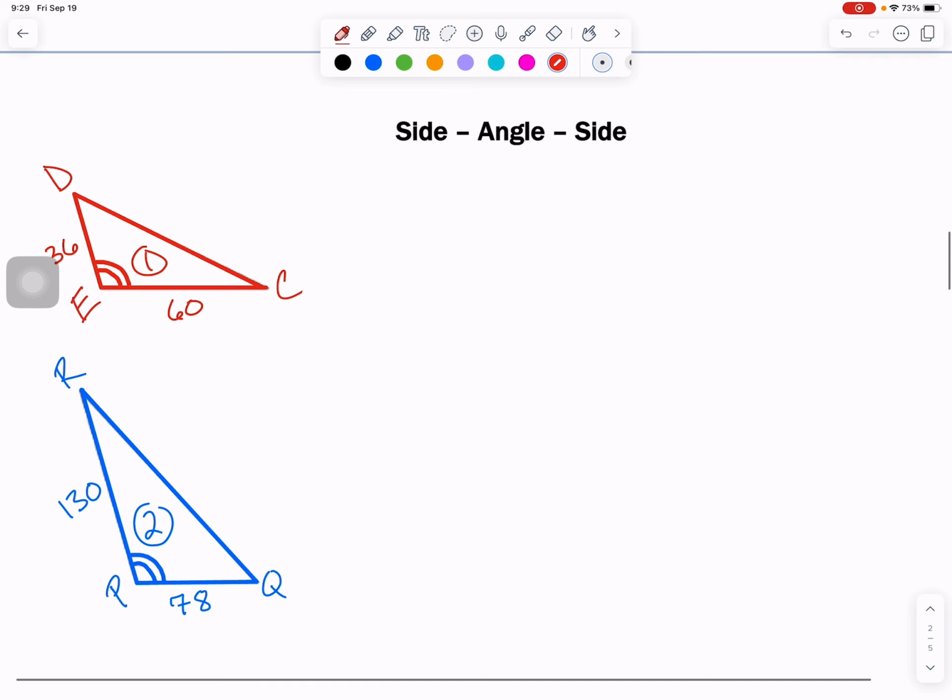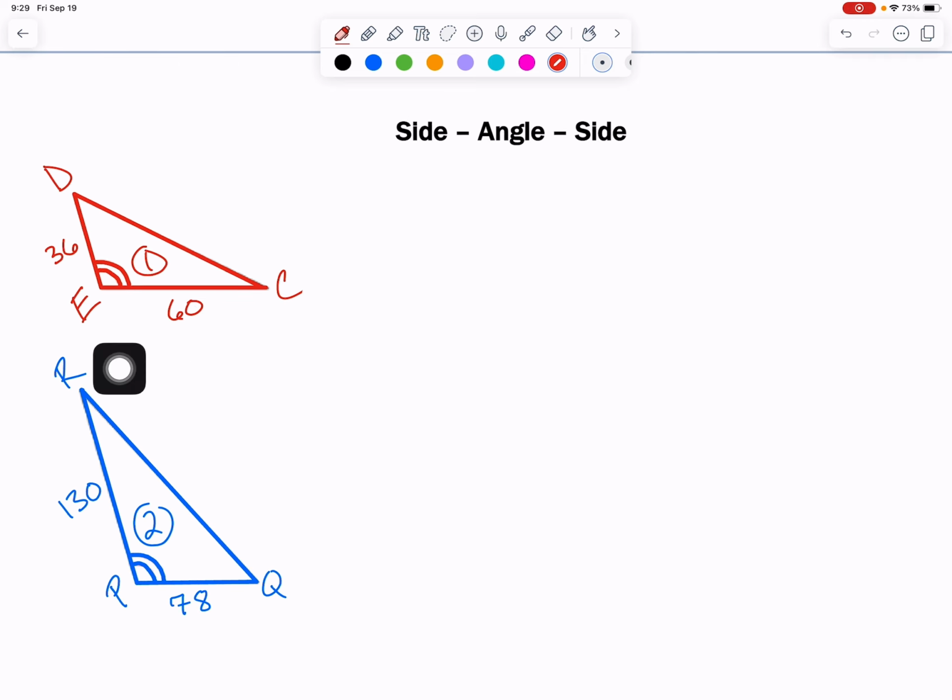Third one we have is side angle side. Okay, so that means we have to have two sides, with an angle that's in the middle of those two sides, just like it's written. Beautiful. These sides also have to be proportional.